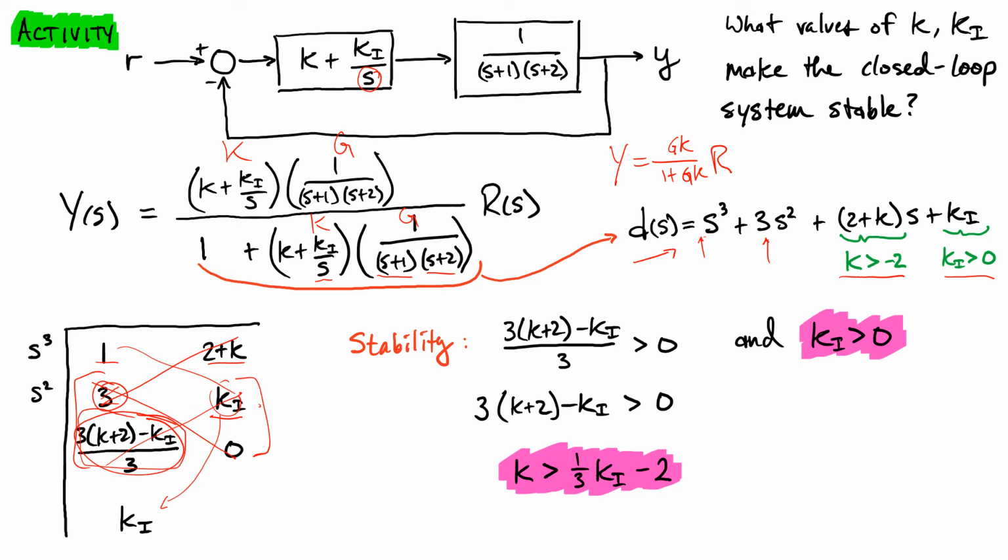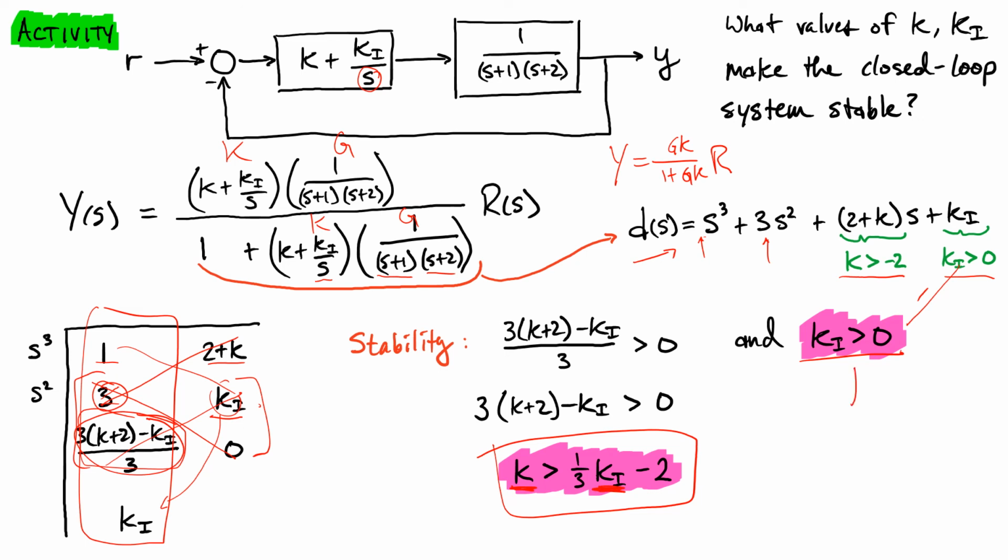And so now all of these elements in this first column have to be positive. That's true when Ki is greater than 0, so that hasn't changed. But then now we get Ki. If we solve for this, Ki and K are going to obey this kind of combined relationship. So now what you'll notice is that how we pick K is going to be dependent on how we pick Ki.